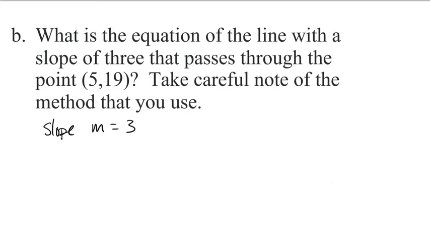And I also know that I have a point, an x and a y value that represents a particular point that lives on that line. There are lots of lines that have a slope of 3, right? And there are lots of lines that go through this point. But it turns out there's only one line that has both of those properties together.